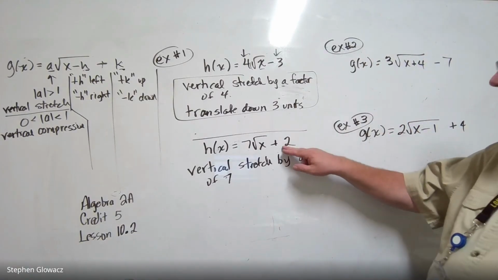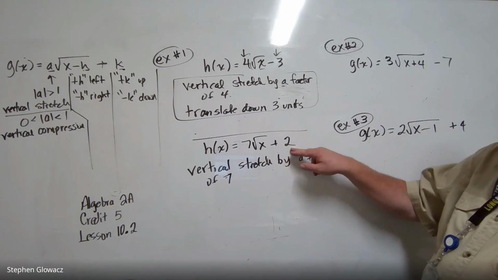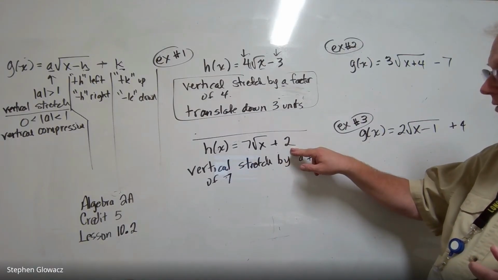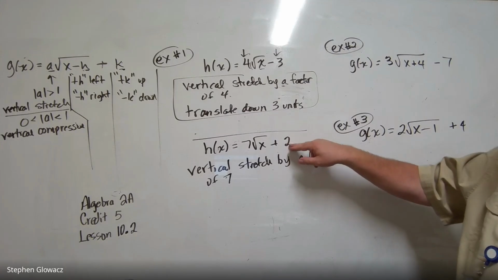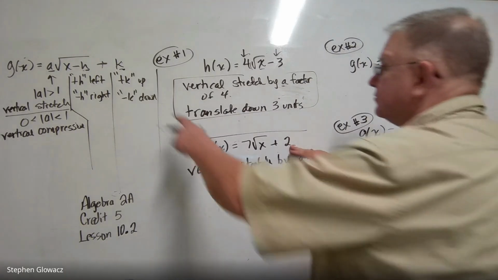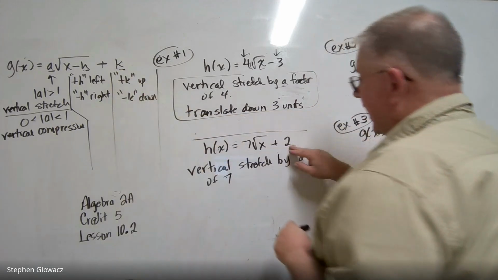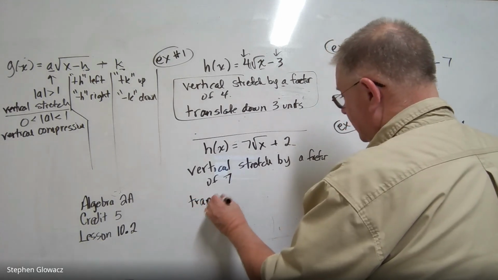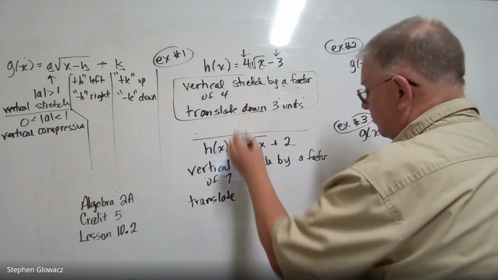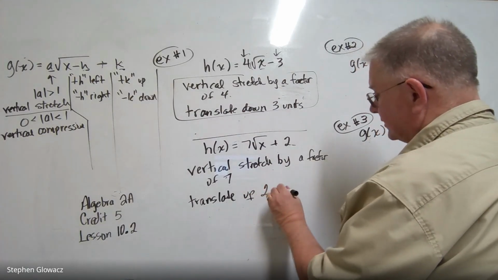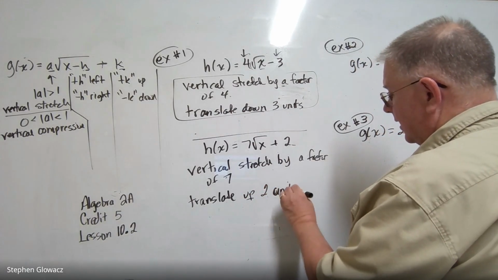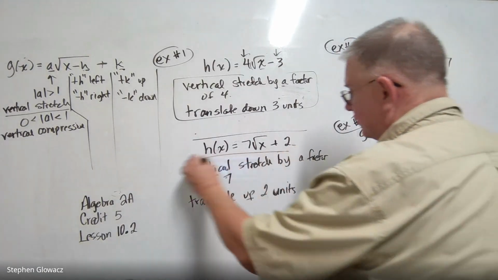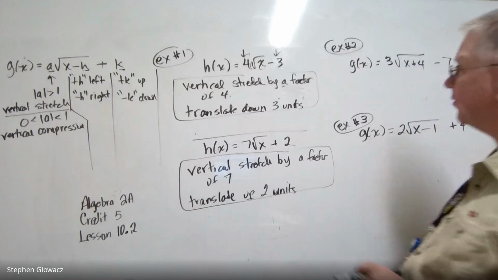Next, we have the plus 2, which is again not under the radical, it's outside the radical. So that's k, and so plus moves us up. So that would be translate not down, but up 2 units. And those would be a couple examples there for number 1.